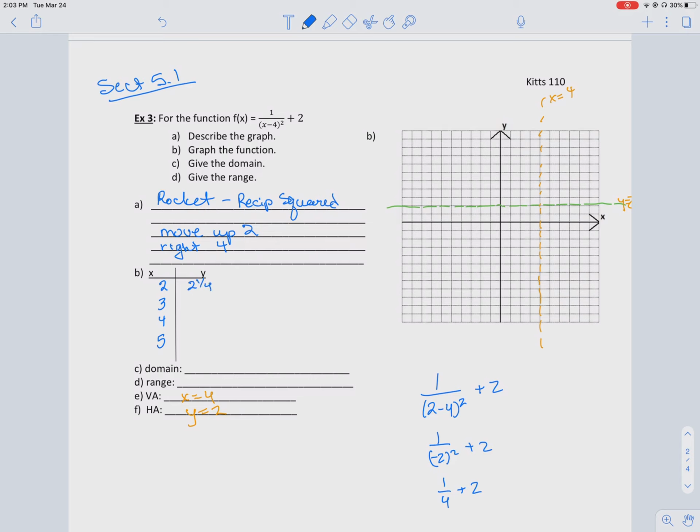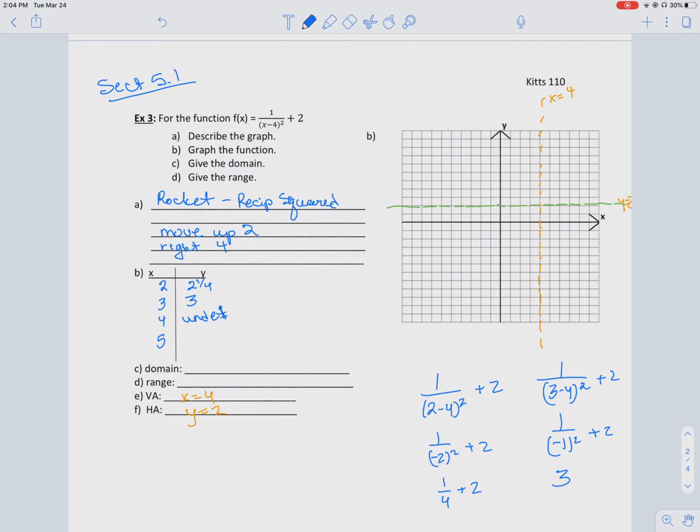Now I'm going to plug in 3. 1 over 3 minus 4 squared plus 2. So that's 1 over negative 1 squared, so that's going to give me 1 plus 2, so that's going to give me a 3. Now, when I put a 4 in there, we have a problem, because if I put a 4 right here, that's going to give me undefined.